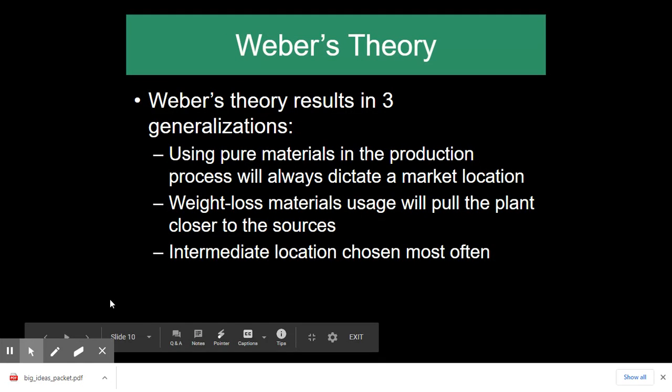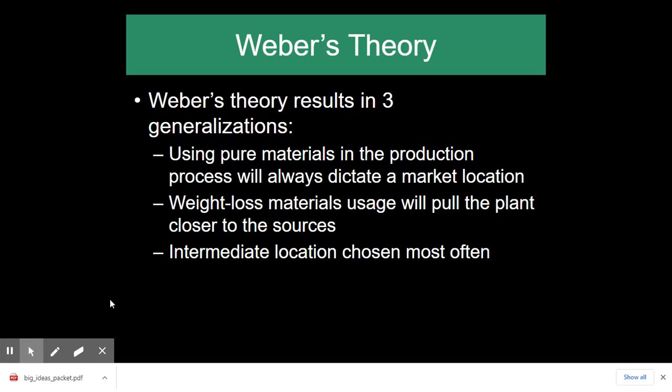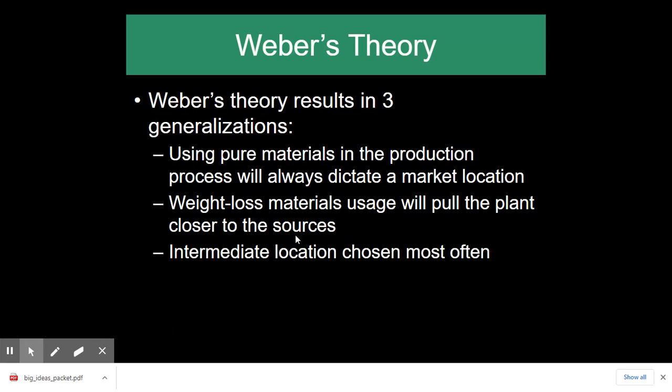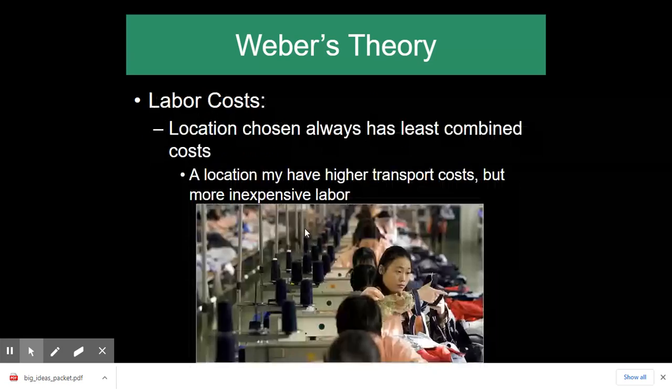His generalizations, and this is the next part of your worksheet, are that the market location is going to be dictated by the weight, and you need to be close to your sources, what goes into it, and to your labor. That's going to help determine where your factory is going to be.